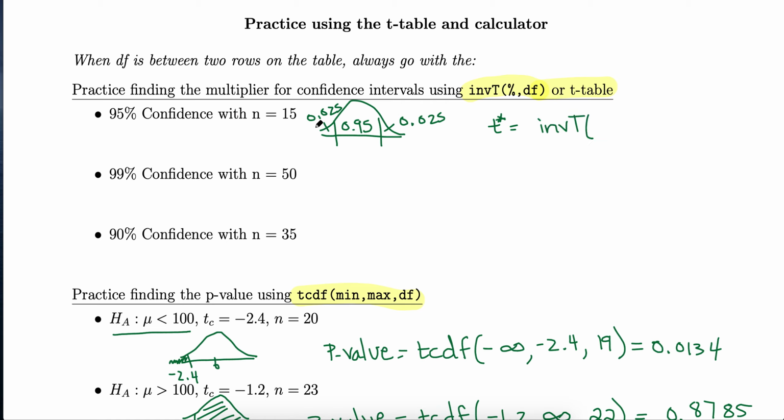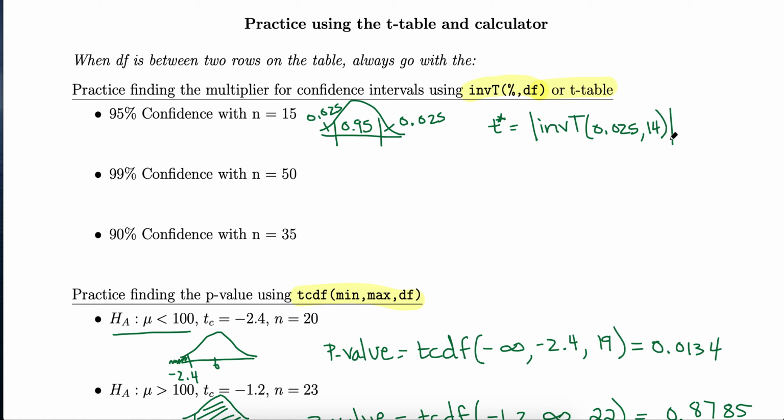And if I put in 0.025, that'll give me this lower or negative T value here. But the T distribution, remember, is defined by that area in the tails, which can change depending on your sample size. Our degrees of freedom are 14 here, n is 15. Just like the normal, this will give you a negative number. Always report your multiplier as positive.